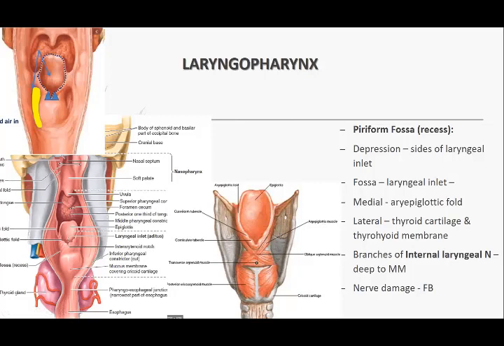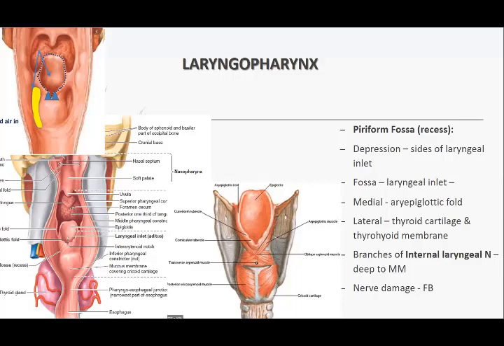Now when the internal laryngeal nerve is damaged, the sensory supply here is lost. As a result, there will be no sensations left in this area. So if now a foreign body comes and lodges there, there is going to be no sensation.